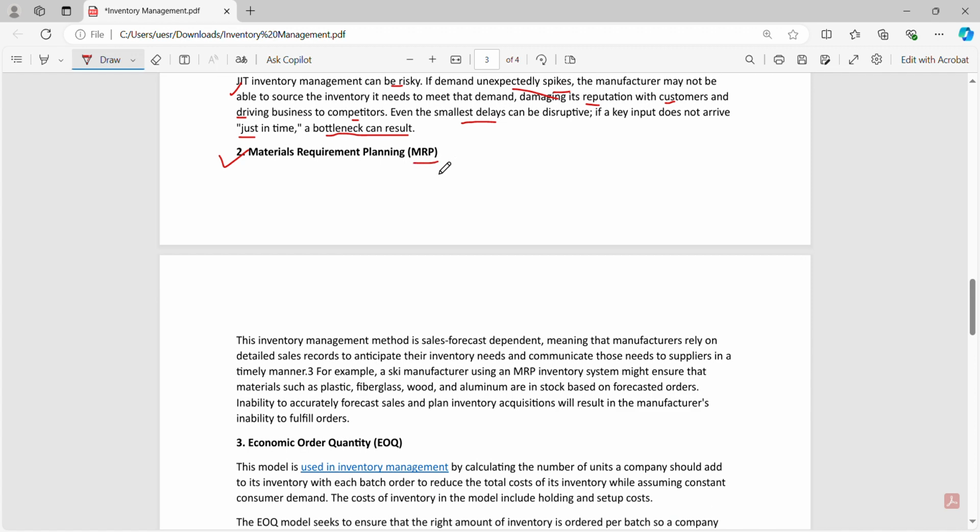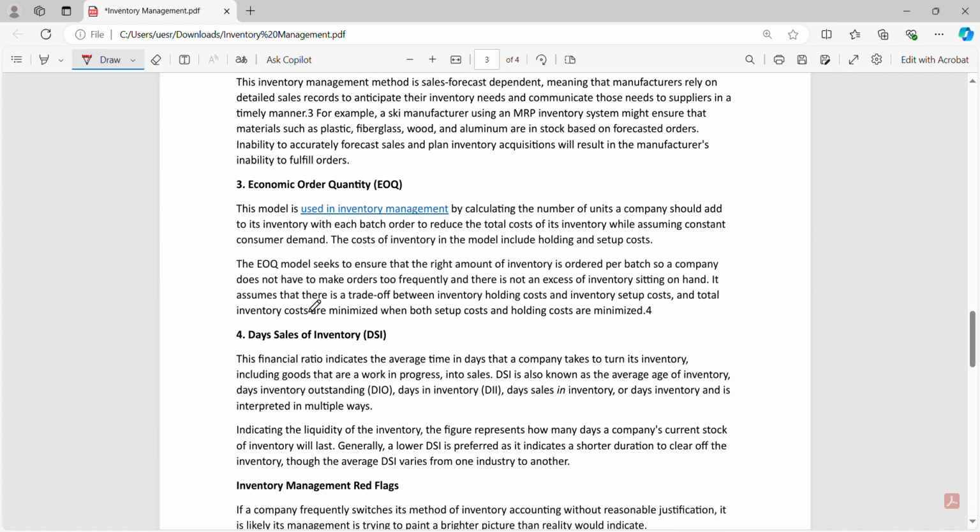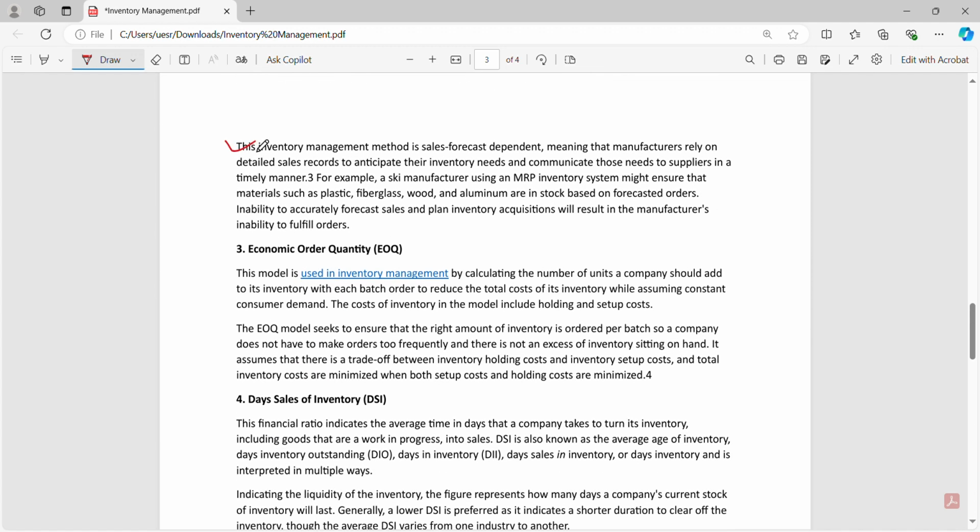Material requirement planning (MRP). This inventory management method is sales forecast dependent, meaning that manufacturers rely on detailed sales records to anticipate their inventory needs and communicate these needs to suppliers in a timely manner.